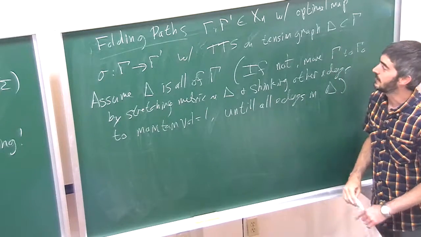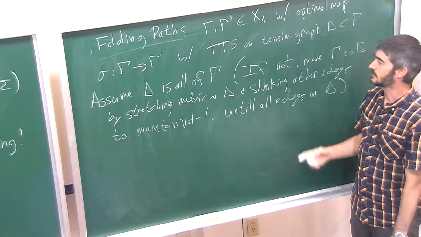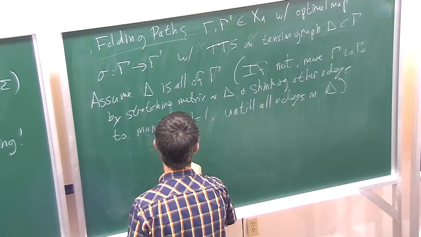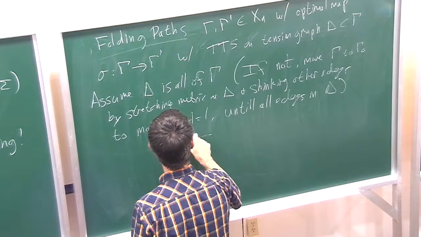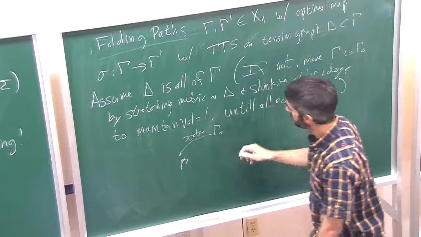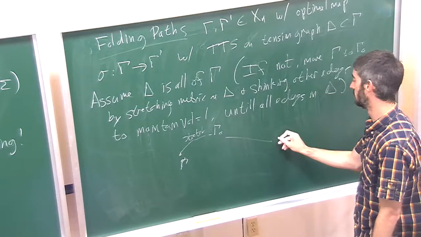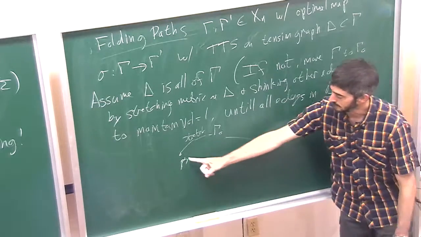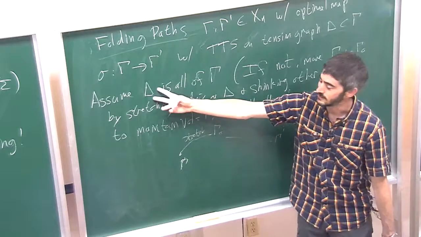So you moved exactly how much you stretched this thing. And you know that the point you built is also on a geodesic. So here I am at gamma. I do some kind of stretch to get to gamma naught. And I know that that's on a geodesic now to gamma prime, because to get from here to here, all I need to do is stretch everything in delta the right amount.